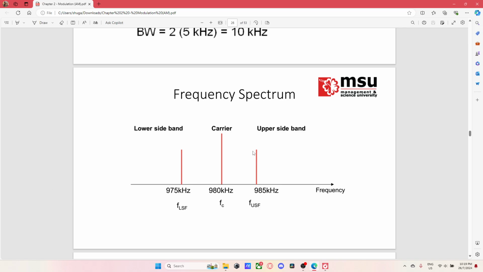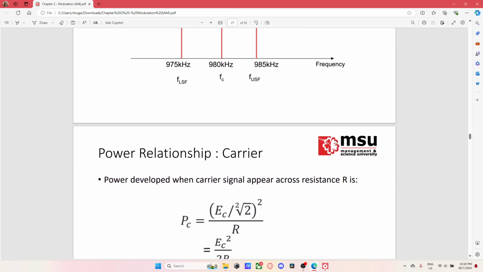The one on the right should be the upper sideband because it represents the higher value, where Fc plus Fm gives 985 kilohertz, while the FLSB should be on the left, which represents the lower value, where Fc minus Fm gives 975 kilohertz. You sketch this, you will already have 5 marks over here.